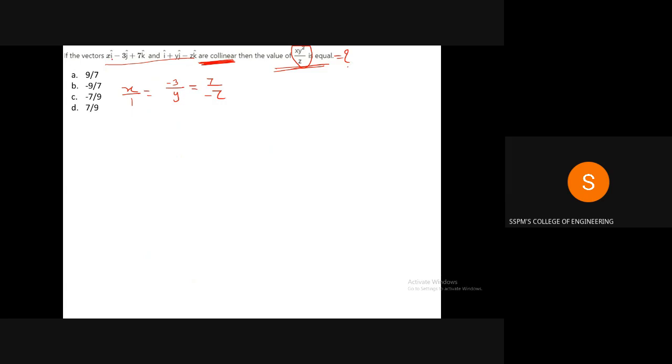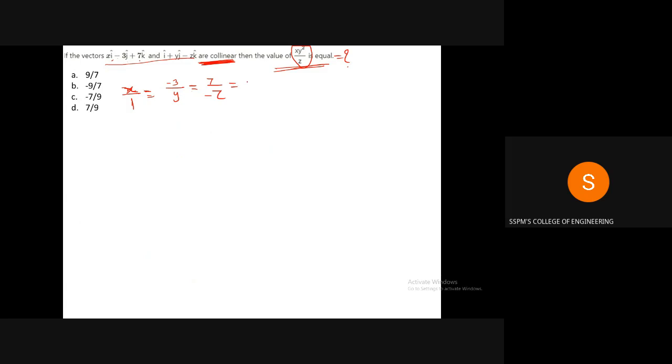The i component of the first is x, here it is 1. So x upon 1 is equal to what? Now for the j component, it is minus 3 here and here it is y. So minus 3 upon y is equal to 7 divided by minus z.